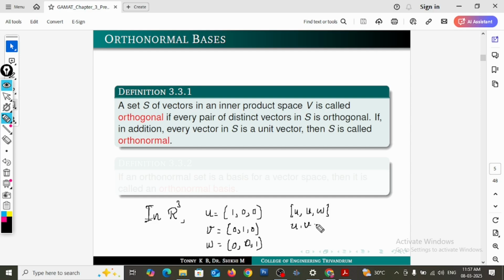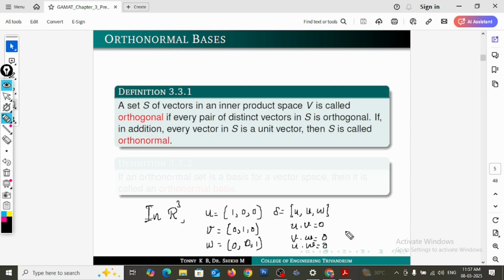We check U dot V, then V dot W, and also U dot W. U dot V is equal to 0, this is also 0, and this is equal to 0. So if we take any pair of vectors, the dot product is 0.